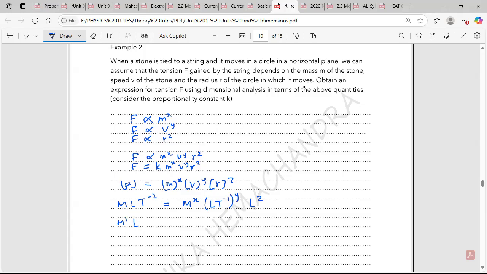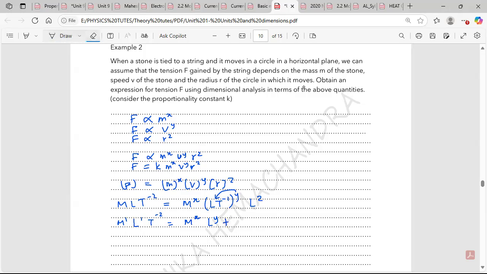So M to the power 1, L to the power 1, and T to the power minus 2 equals M^x. Here you get L to the power y and L to the power z, so y plus z.